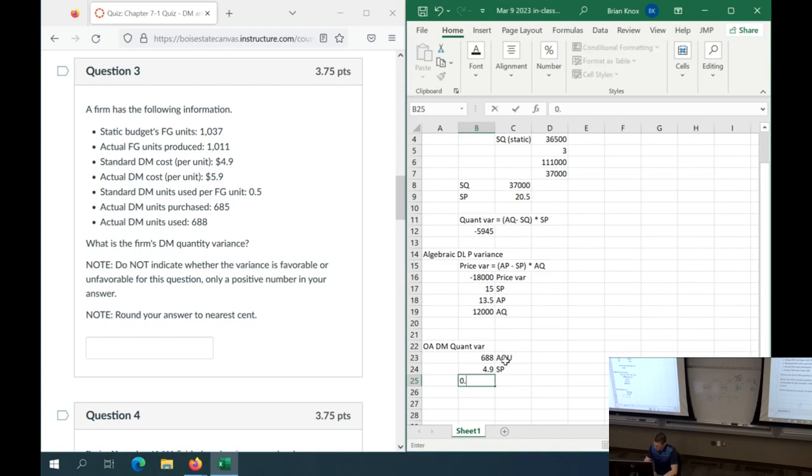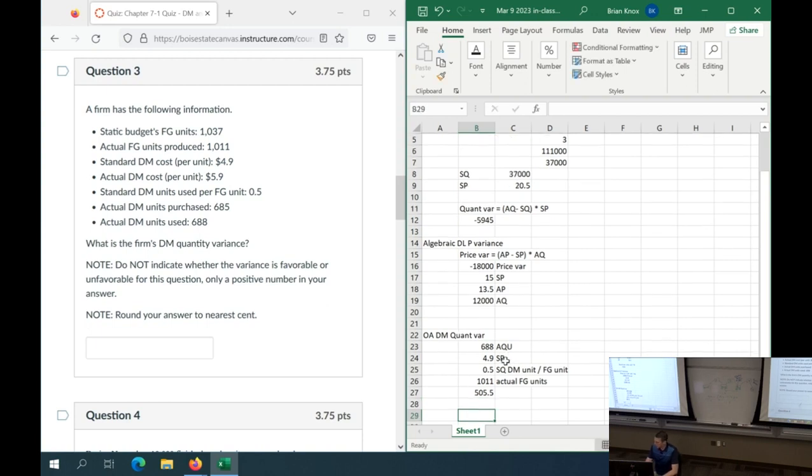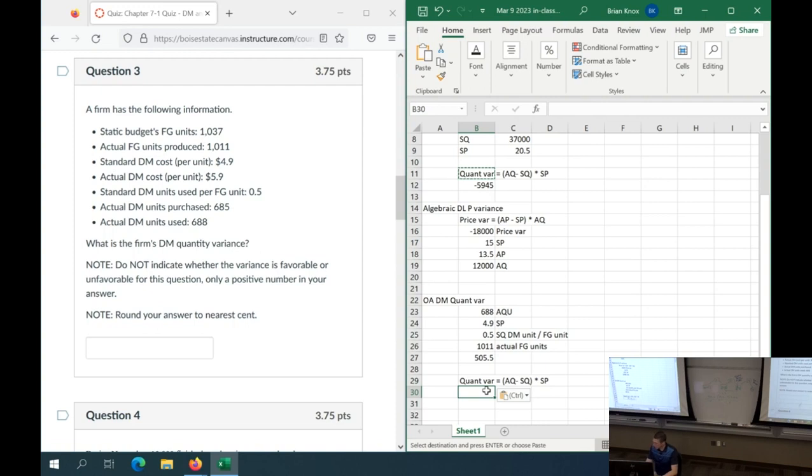So what we need is 0.5 is the standard quantity per unit. I can put it fully: standard quantity of direct materials units per finished goods unit, 0.5, and actual finished goods units. All right, now we can copy down the quantity variance equation.